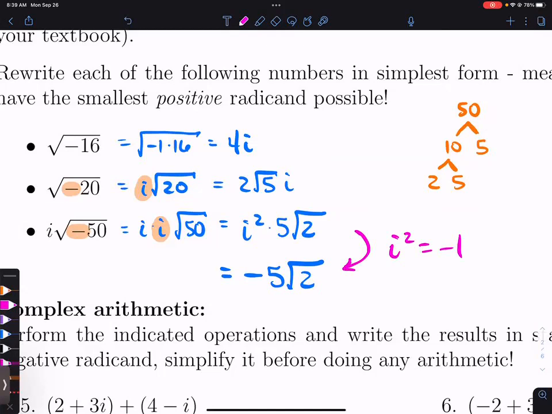Okay, so stuff that we're going to be looking for in simplifying things that involve imaginary or complex numbers: we don't want to leave negatives under roots. If there's a negative under a root, that means you can factor an i out of the radical.